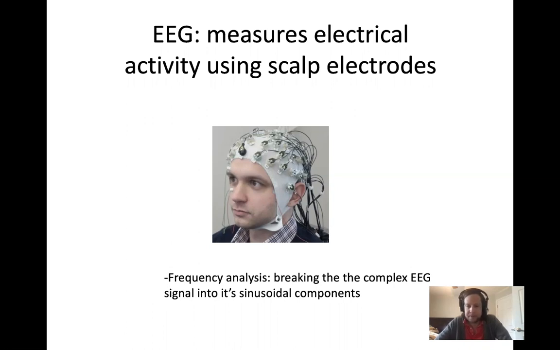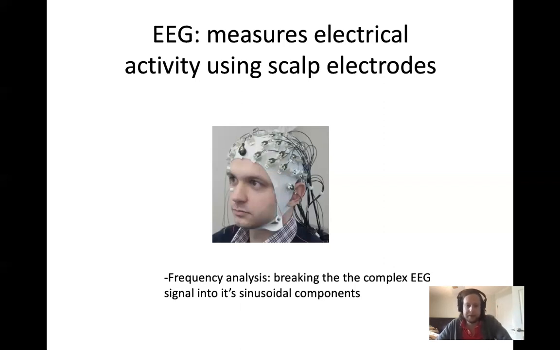When you see those blobs on the pictures of the brains that I showed you earlier, that represents metabolic activity that has occurred over the span of several seconds. We don't know within each of those seconds when the metabolic activity is occurring. We just know that over the span of, say, 4 to 10 seconds, there was activity in this brain region and this brain region and this brain region, and it was higher than the metabolic activity in surrounding brain regions. So fMRI and PET have good spatial resolution. They know where the activity is occurring, but you don't know exactly when it occurred.